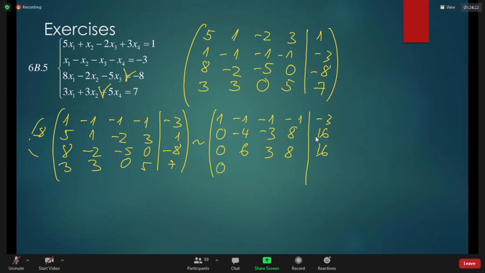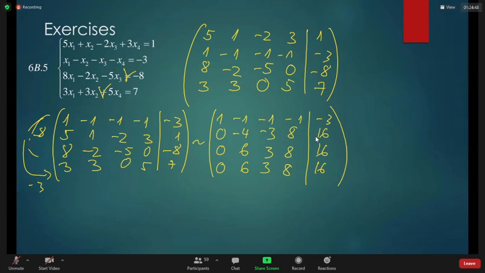Next one, 0, so now times minus 3, 3 minus 3 is 0, minus 3 times minus 1 is plus 3, we have 6, minus 3 times minus 1 is 3, we have 3, minus 3 times minus 1 is 3 plus 5, we have 8, this is where we have it, and minus 3 times minus 3 is 9, plus 7 is 16.